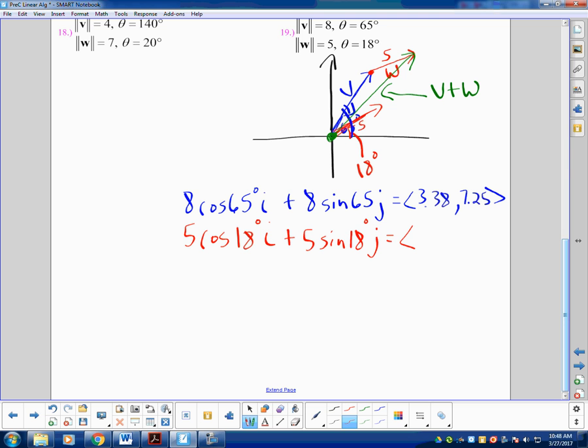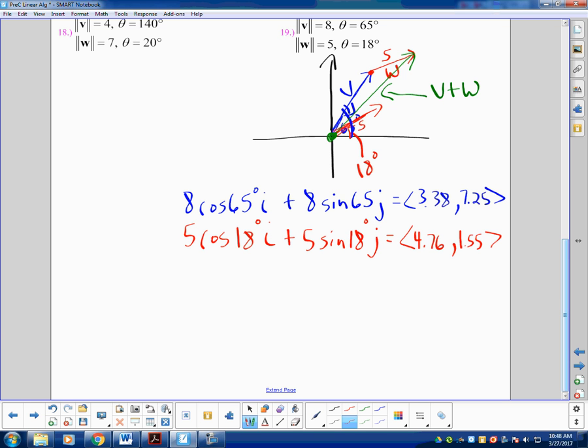I think this is probably the easiest way to do it: get your v vector in magnitude direction form and then change it to component form. Do the same thing with the other vector. So 5 cosine of 18 should be 4.76. And the other piece is 1.55. You're just typing in your calculator.